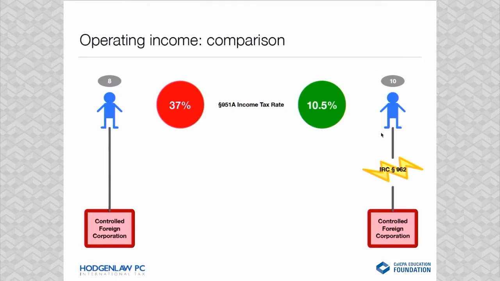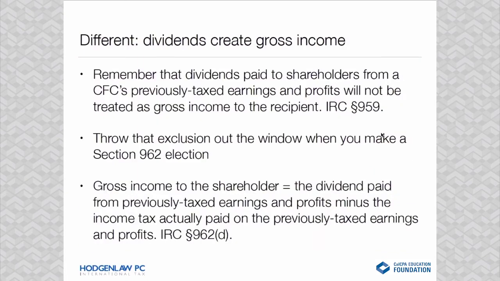So here's your little quickie comparison. What's good, what's bad? Section 962 election: good, not bad. The next different thing, dividends create gross income when you have a Section 962 election. And why is that?